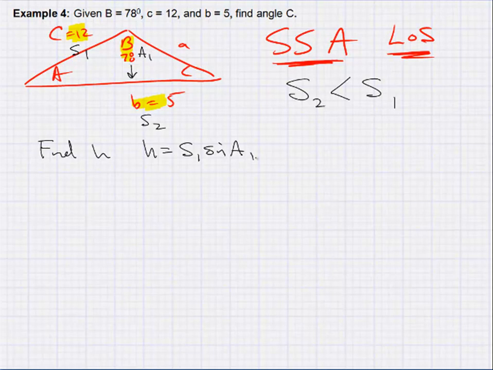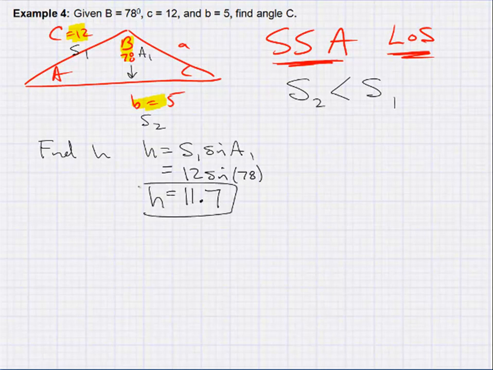So in this case, it's going to be 12 times the sine of 78 degrees. And that'll tell me what h equals. So I come up with 11.7 as my h value. So now what you have to do is compare h and side 2.